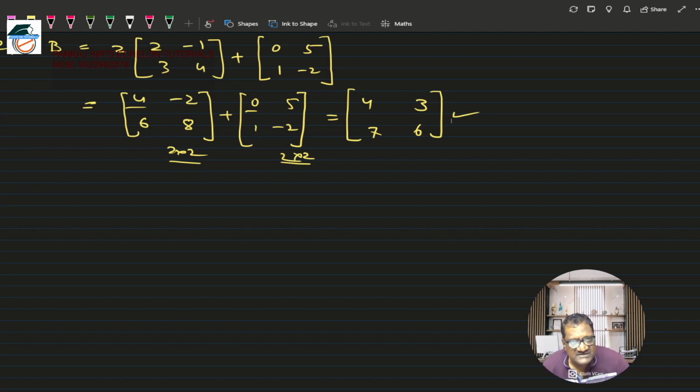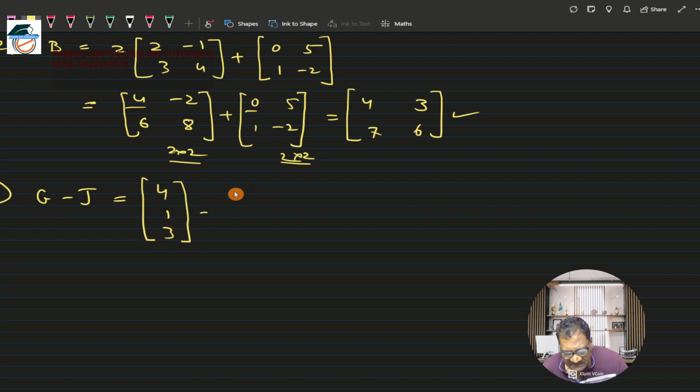The ninth question, question number 9, is G minus J. Now G matrix happens to be a column matrix, 4, 1 and 3, and minus J. J is again a column matrix, 3 and 1.